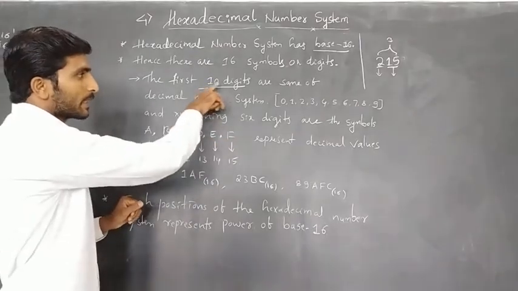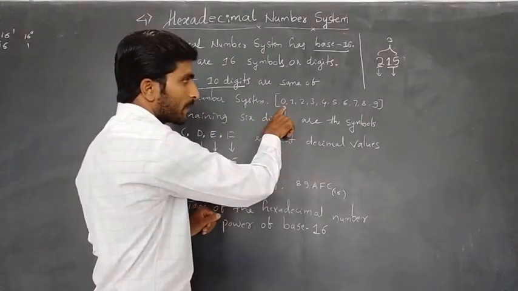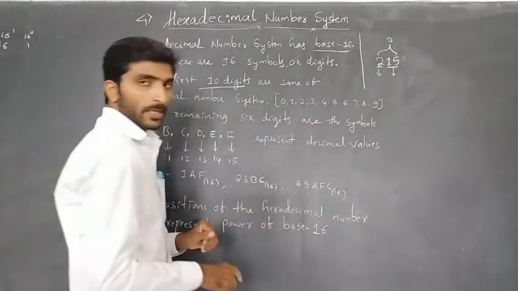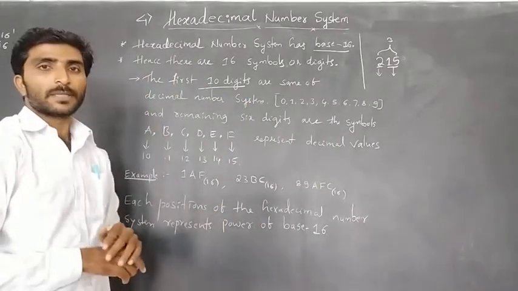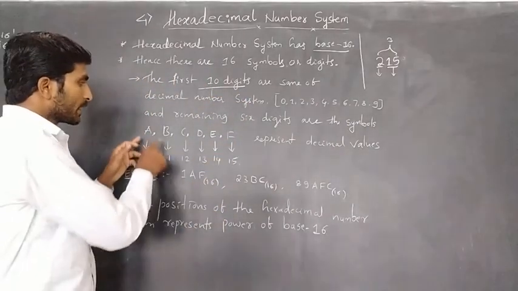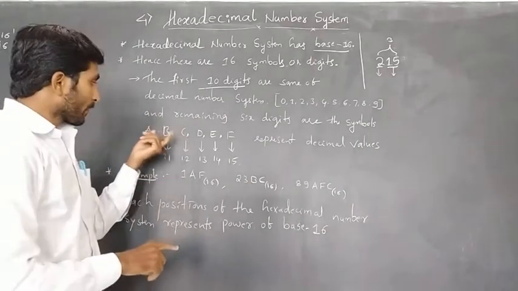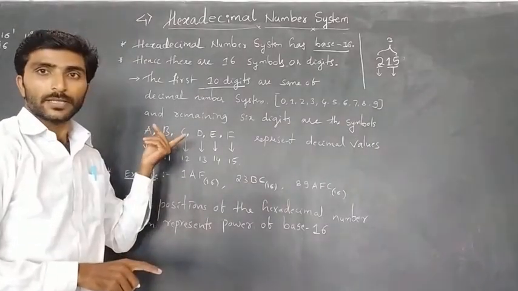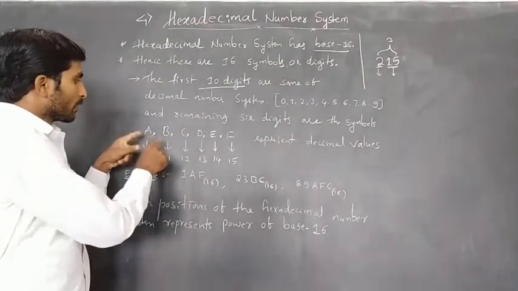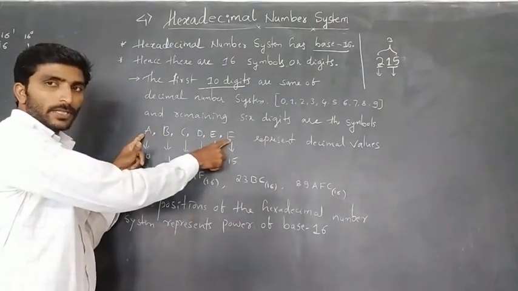So the first 10 digits, 0 to 9, are the same as the decimal number system, and the remaining 6 are characters or symbols from A to F in capital letters.